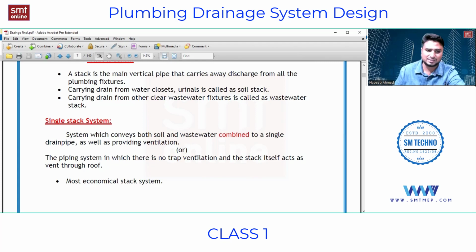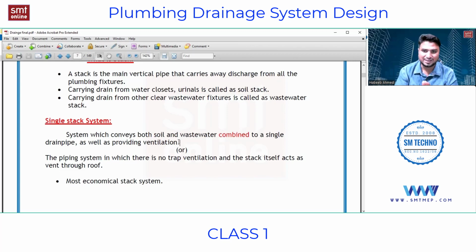A single stack system is a system which conveys both soil and wastewater combined into a single drain pipe as well as providing ventilation. That means this one vertical pipe is not only collecting the sewage and the excreta, at the same time it is acting as a vent pipe also.